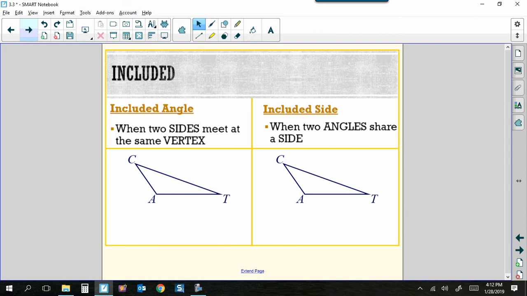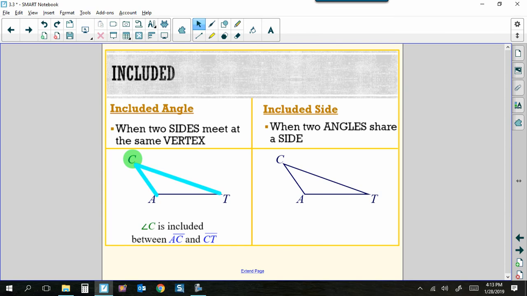Included is when something is between or trapped. For an included angle, it's when 2 sides meet at the same vertex. So you can go ahead and draw this triangle, CAT, and I'm going to talk about included angle C. C is the vertex that is right between side AC and side CT.